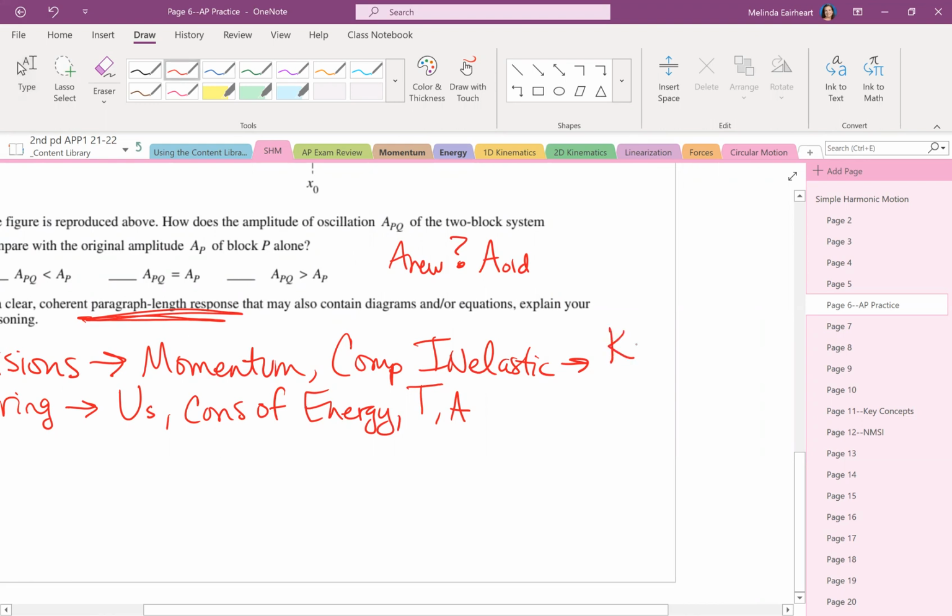Kinetic. So KE is not conserved. But what is? Mechanical is not, because of the collision. Mechanical is going to be, because they gave us some caveats about a smooth surface, right? And so down here, mechanical energy is going to be conserved.